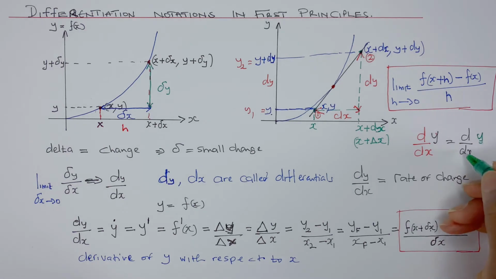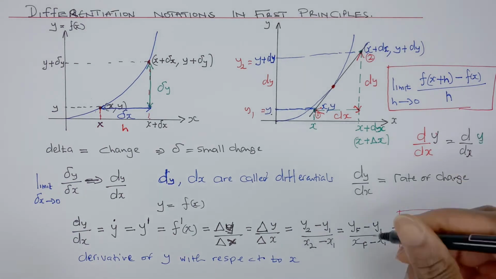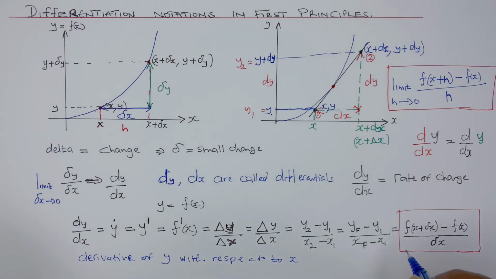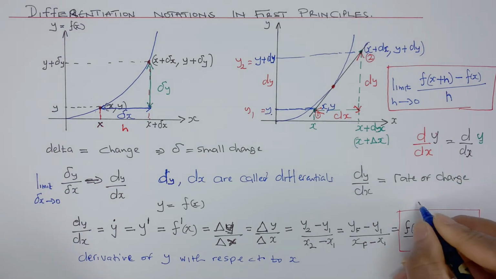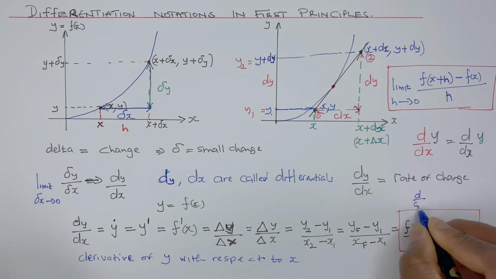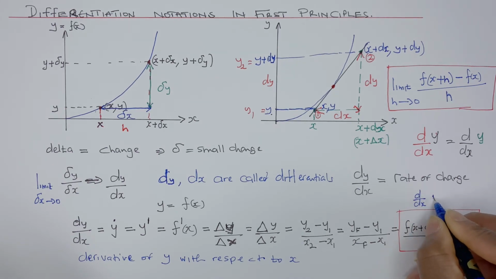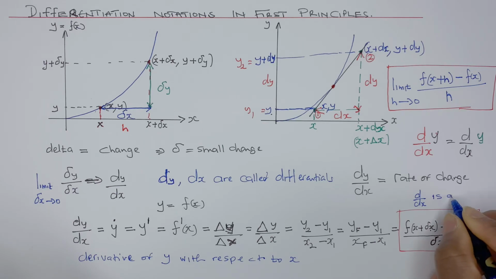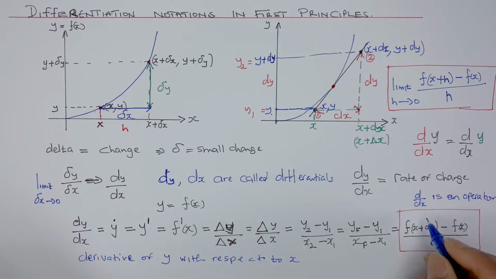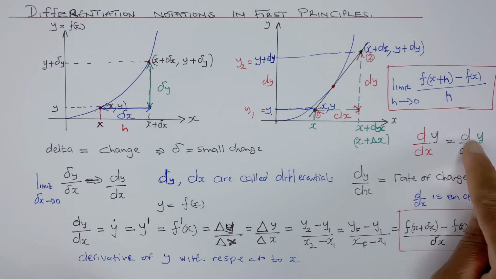So this d over dx in this case is called an operator, because it's operating on y. So that's why you can do that differentiation. You're differentiating y with respect to x. You could be differentiating y with respect to t.